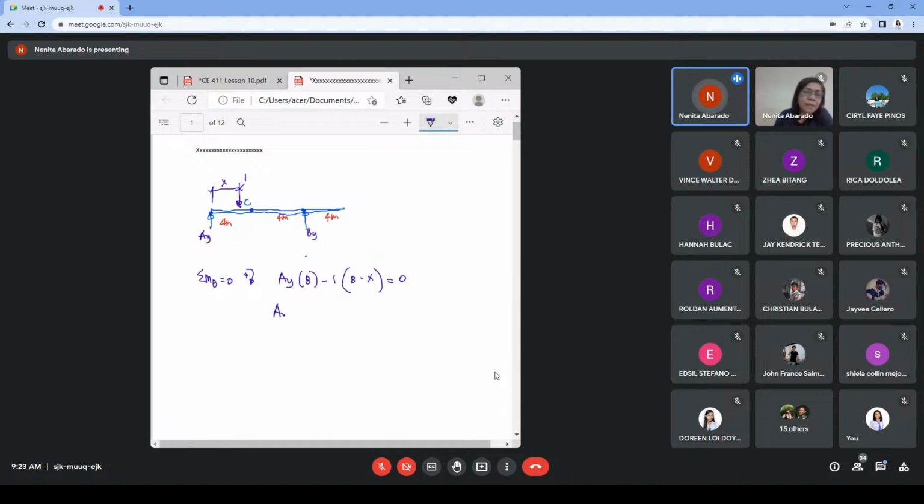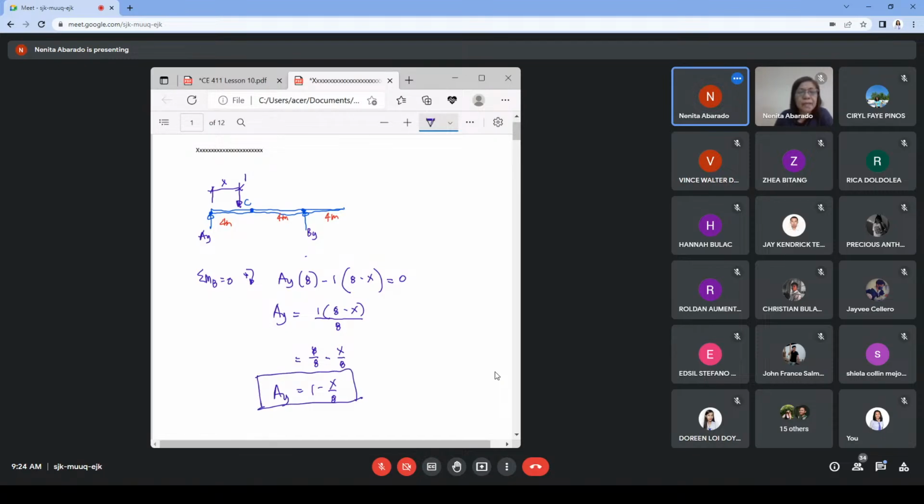So, therefore, ang ating AY is equal to 1 times 8 minus X over 8. So, this is equal to 8 over 8 minus X over 8. So, therefore, we have 1 minus X over 8. So, that is the value of our AY.